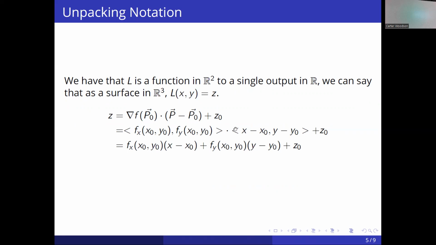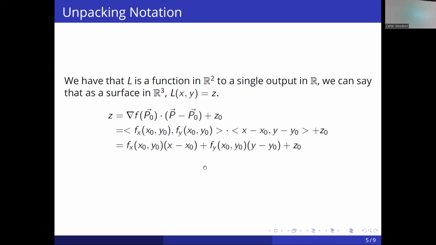For the shifted terms, we just have an arbitrary (x, y) shifted by x naught and y naught. And then our f at p0 term is just going to become z0, which goes along with our replacement of f to z. So this dot product is fairly easy to see.